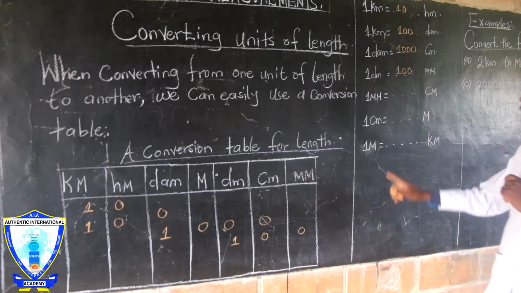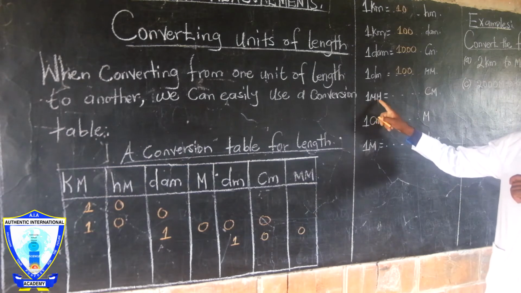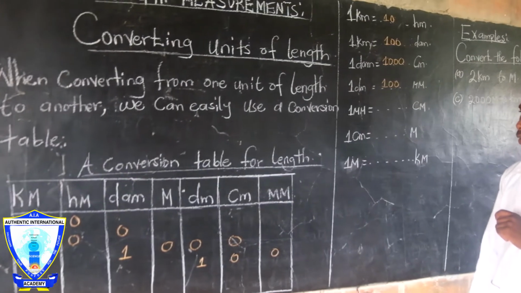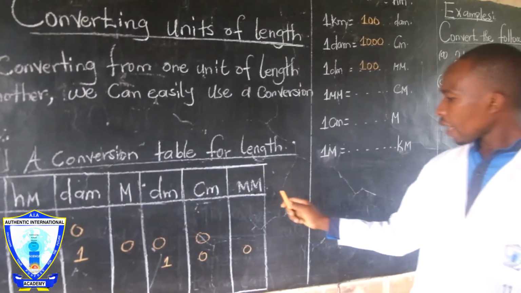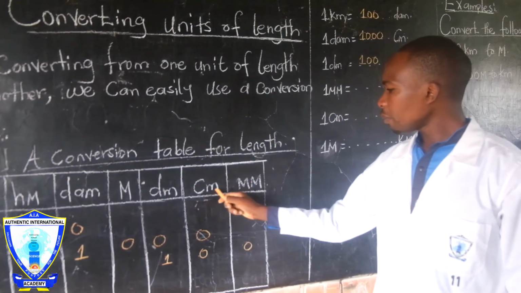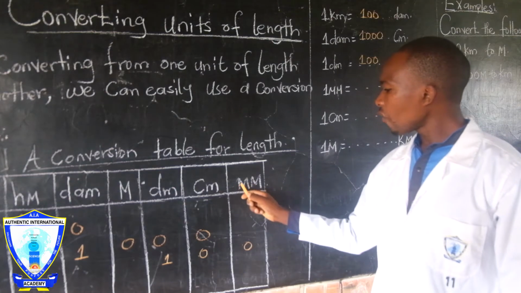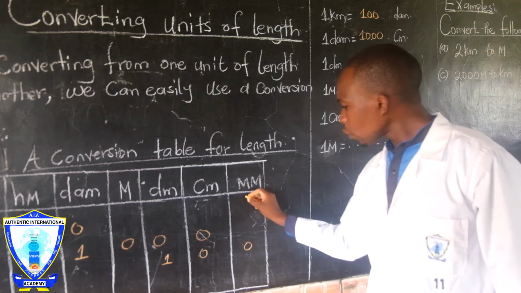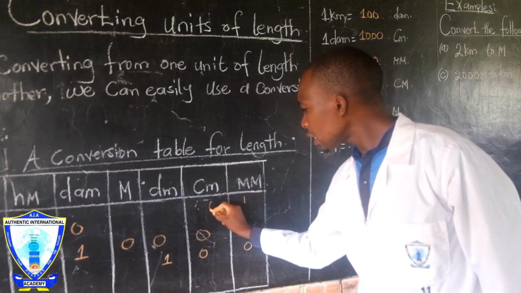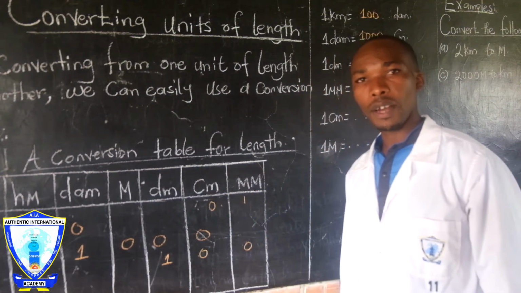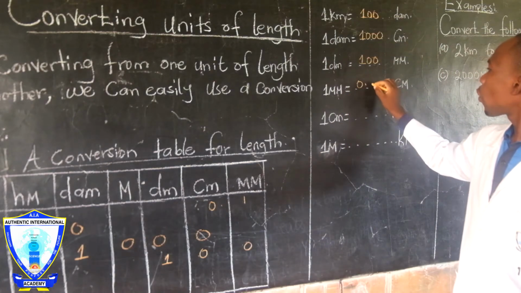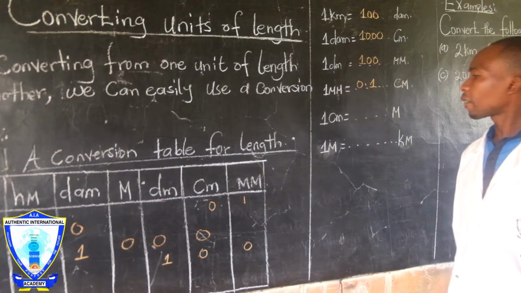Therefore, 1 millimeter is equal to how many centimeters? Here, centimeter is bigger than millimeter, so I'm converting from a smaller unit going back. We simply call it 0.1. 1 millimeter is the same as 0.1 centimeter.